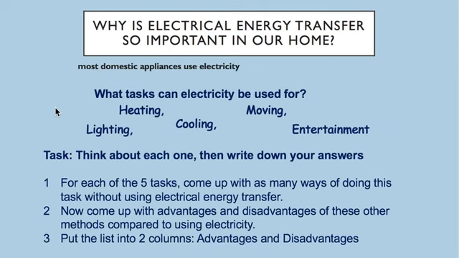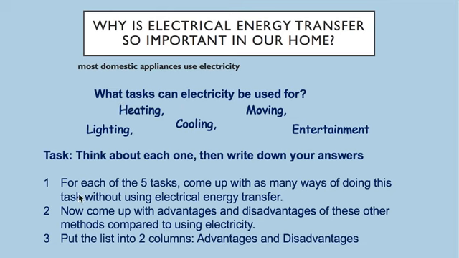So have a think now, please, about these 5 things. So these are typical things we might use electricity for in our house. So for heating stuff up, for making stuff move, for making light, for cooling things down, and for entertainment. What I'd like you to do is just to pause the video for a second and think about each one of these tasks, and then write down what things that we might do.